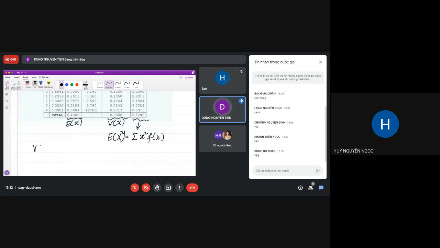Then I can use the formula that the variance of x is the mean of x squared minus the square of the mean of x. And that is 0.52 minus 0.4 squared, and that is 0.36. Do you understand? Is that all clear, everybody? Is that okay?